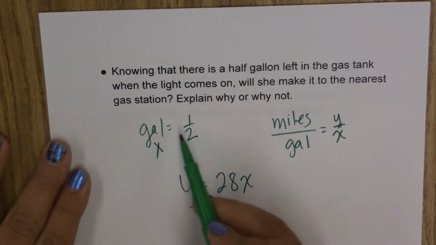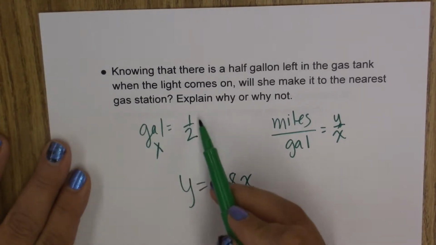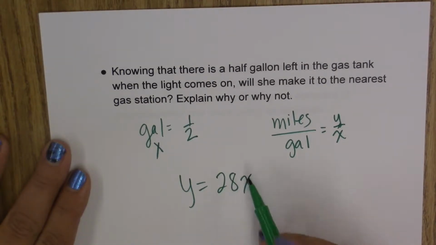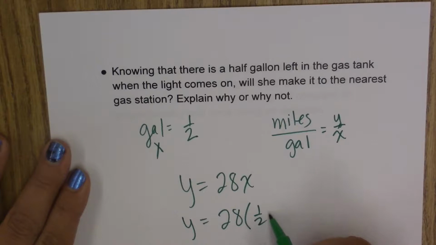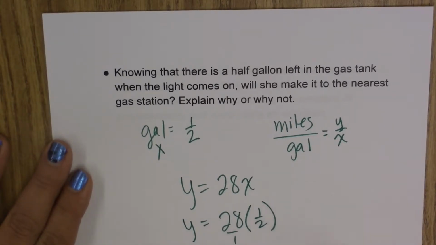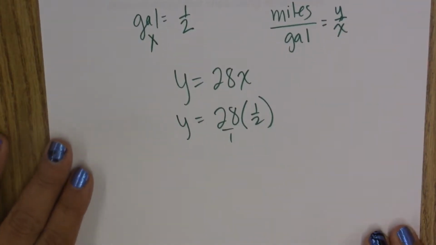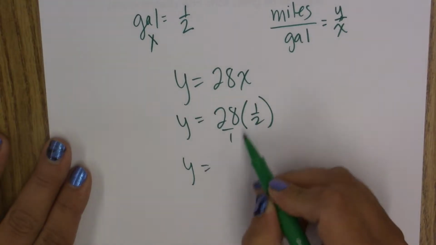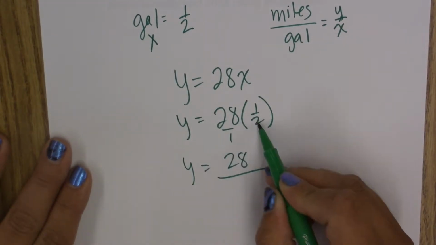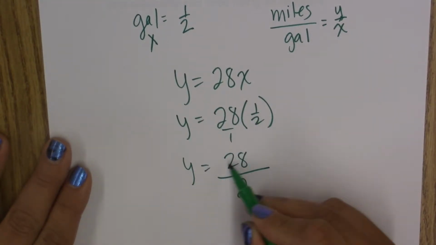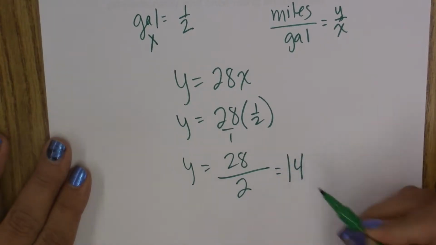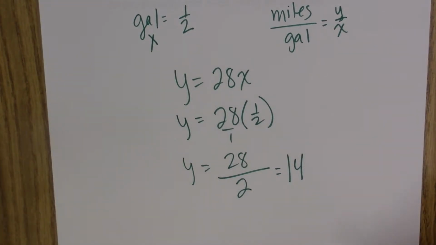So if my x value is 1/2, I'm going to substitute it in for x: y equals 28 times 1/2. I can make this look like a fraction and then multiply. 28 times 1 is 28, 1 times 2 is 2. If we simplify this down, we get 14. So she only has enough gas to go 14 miles.